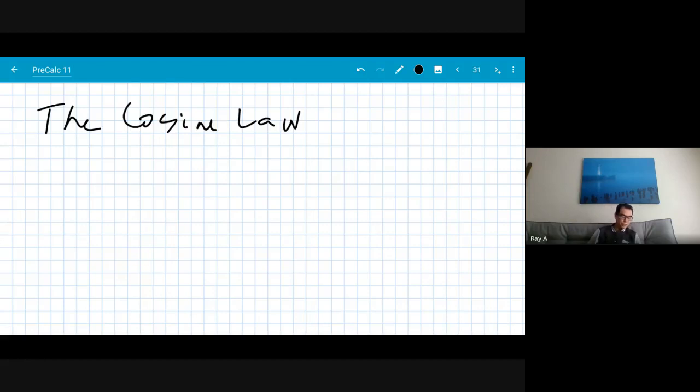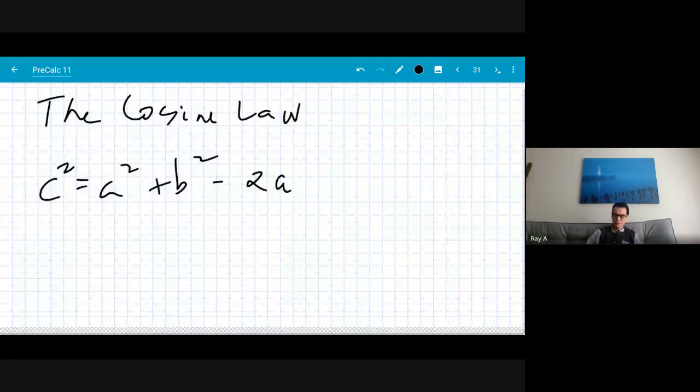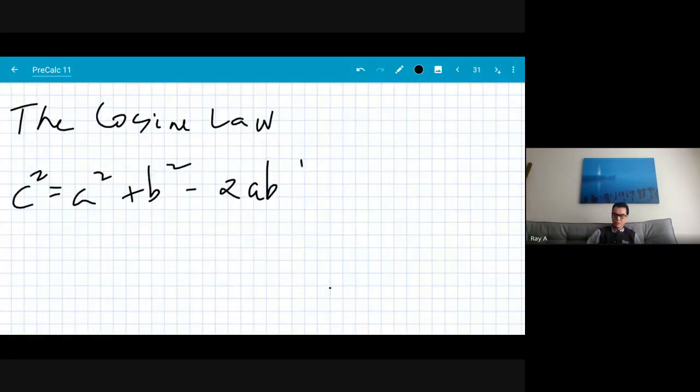Okay, the cosine law is found on page 489, the lower part. In any triangle ABC, c squared, which is a side, is equal to a squared plus b squared minus 2ab cosine c. Now, what does this mean? So, what it's saying is this, okay?